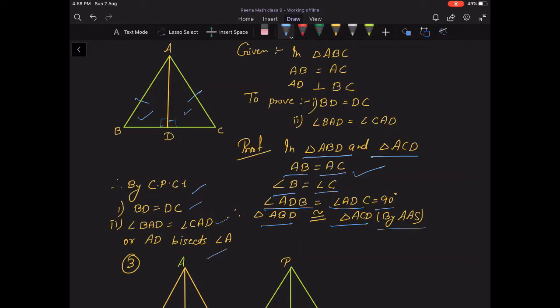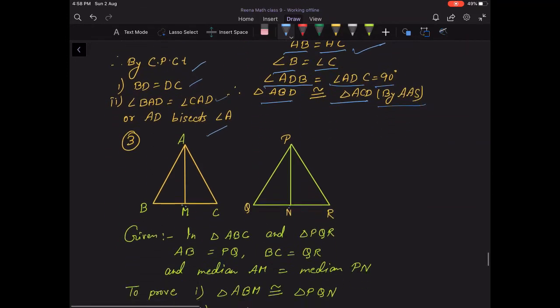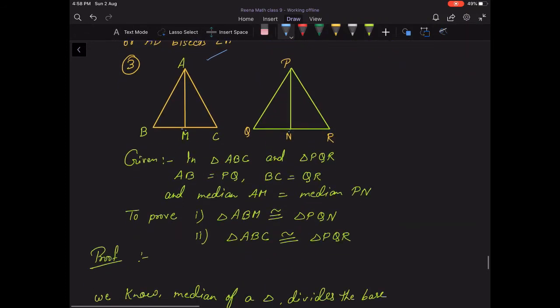Now students, let us move to question number 3. You can see the diagram is made here in which two triangles ABC and PQR are given to you, in which AM is median for the side BC and PN is median for the side QR. We know the property of median is that the median drawn from the opposite vertex to the base bisects the base.